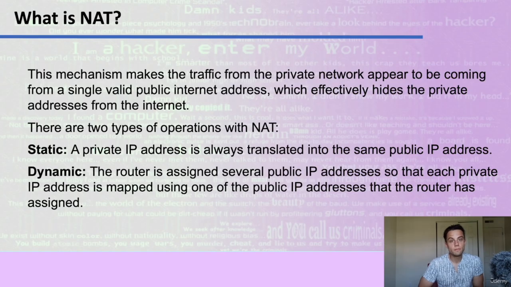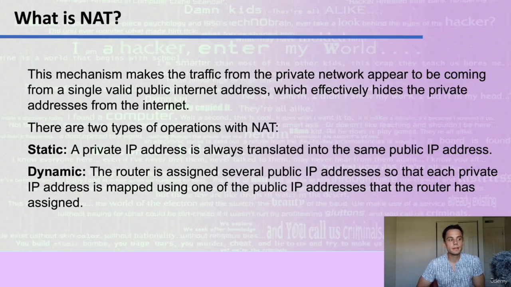So for example, if you are a company and you have a lot of machines in your site, this doesn't mean that you need to have public IP addresses for all of them. Instead, you can have different local or private IP addresses for all of your machines and only one public IP address which will connect all these machines to the internet.